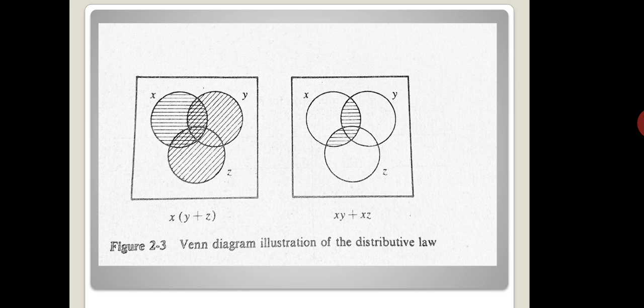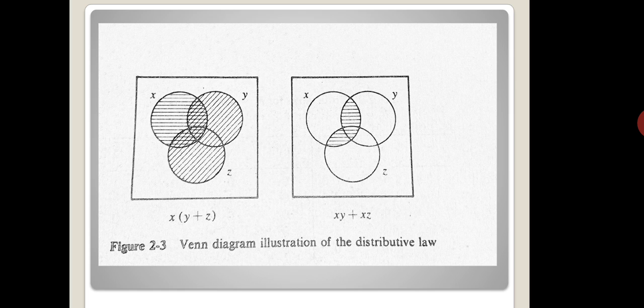Why is it like that? Look at the Venn diagram of xy plus xz. How exactly have they shaded it? xy is the intersection of the x circle and the y circle, and xz is the intersection of the x circle and the z circle. That is why they have shaded those two intersections.